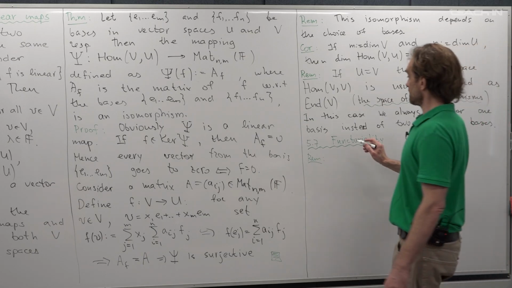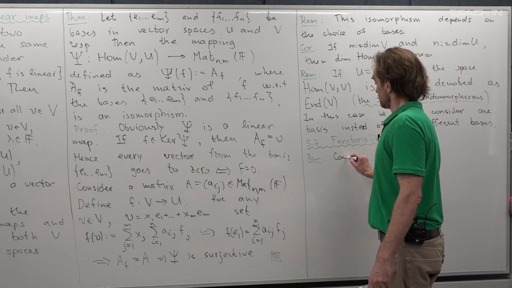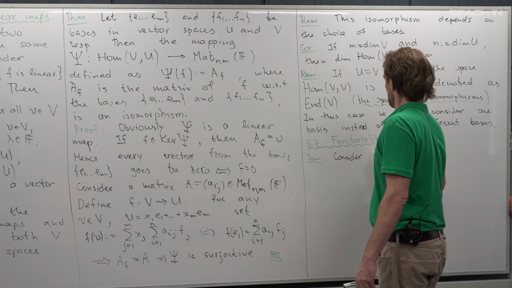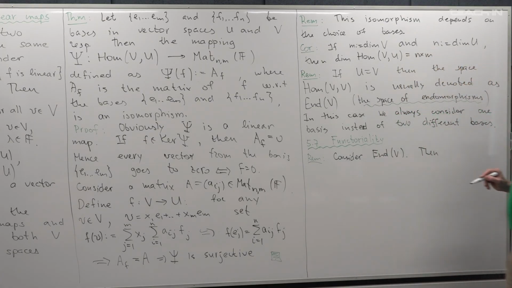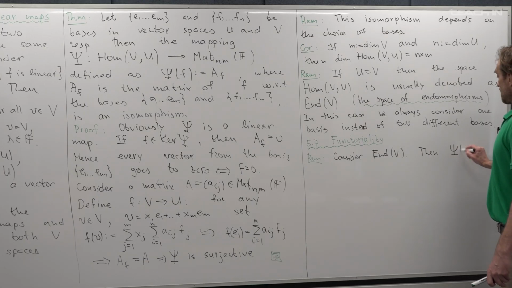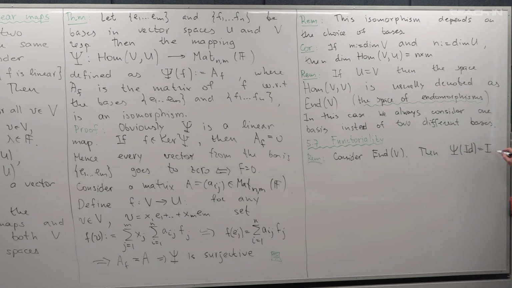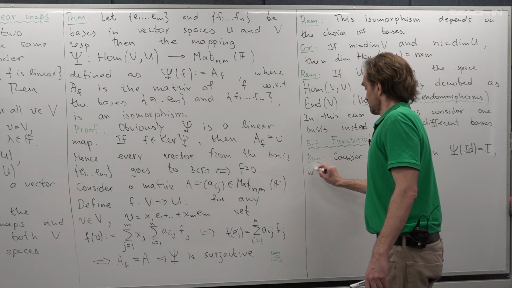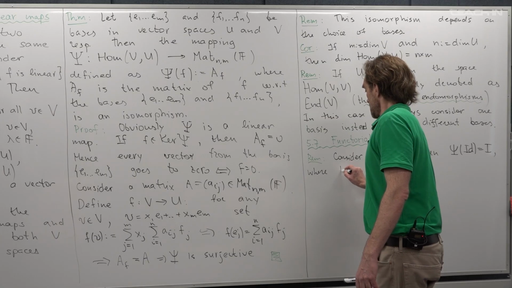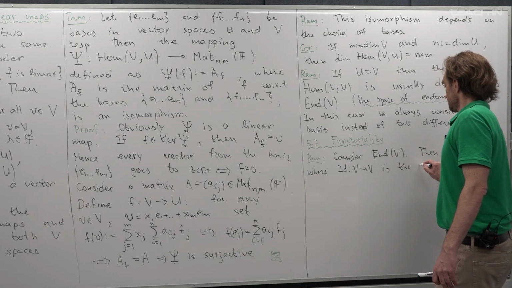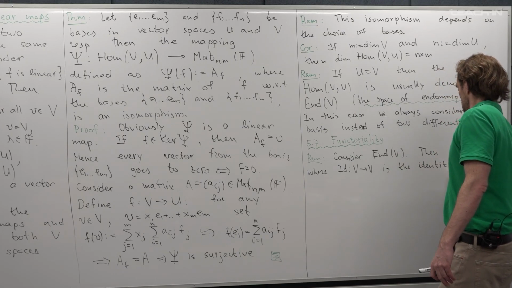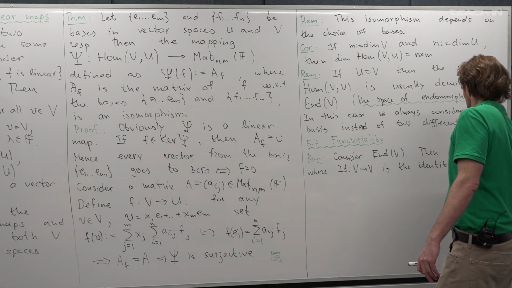Consider the space of endomorphisms. Then psi of the identity map is the identity matrix, where ID is the identity mapping.